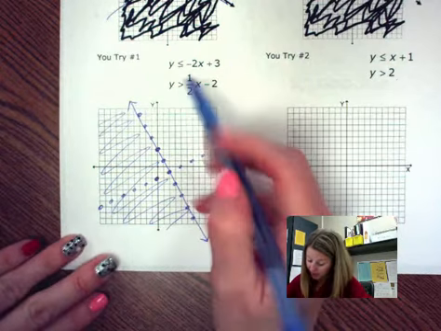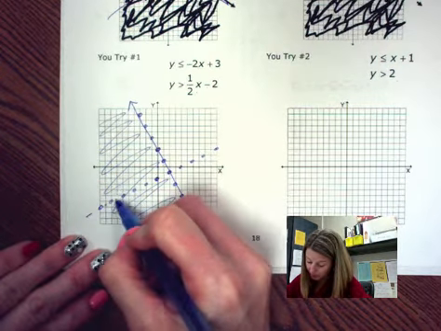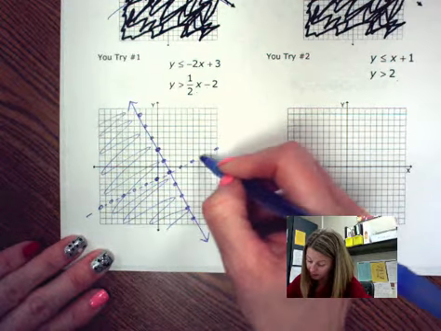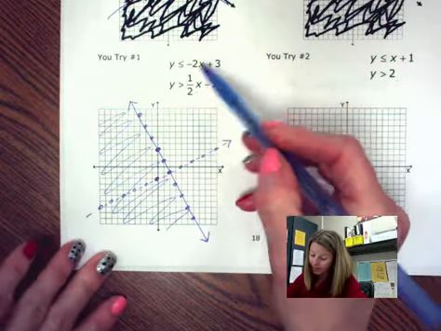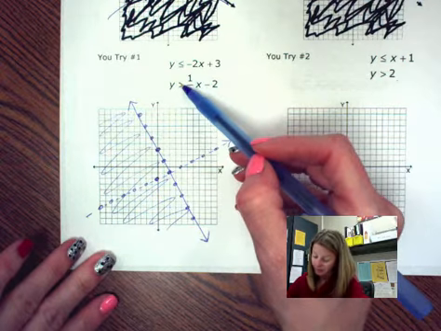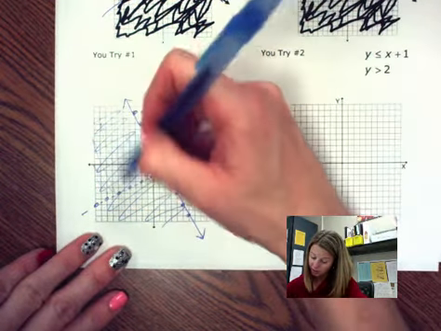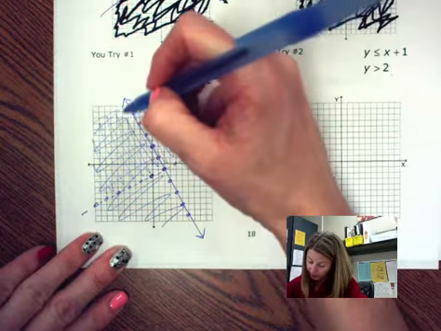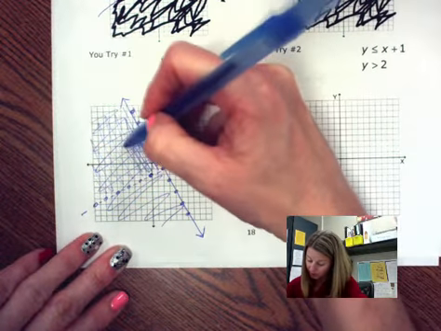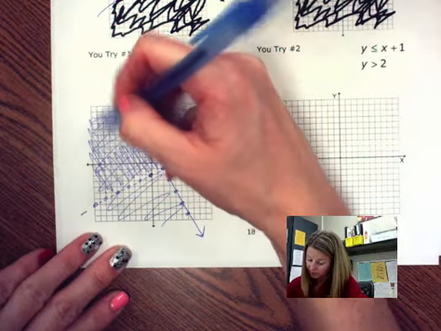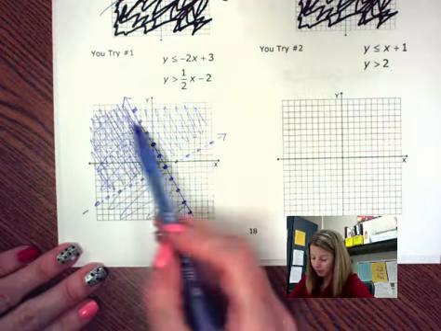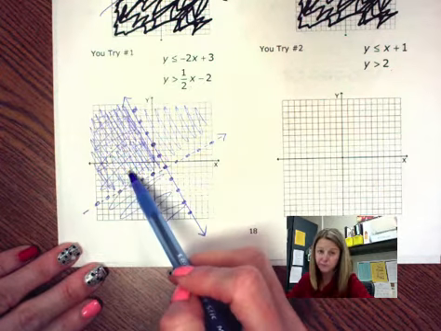I want a dotted line, so I'm going to add in between each dot these little dotted lines. And I need to shade greater than. So I need to shade on this side of my line. So my double shading is right here. And I'm going to color that in even darker once I find it, just to emphasize that. Okay, so your double shading should kind of be over here to the left.